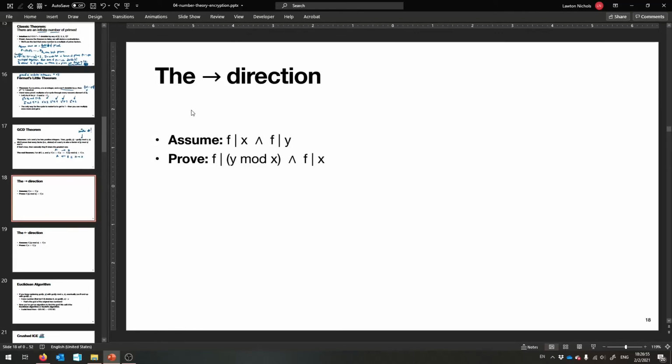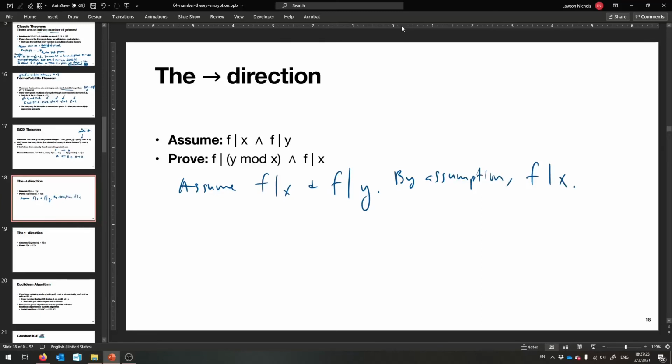Assume f divides x and f divides y. Then we're going to prove that f divides y mod x and f divides x. So we actually naturally get f divides x quite simply from this by assumption. F divides x. That's not too bad. Now we just have to prove this fact right here.